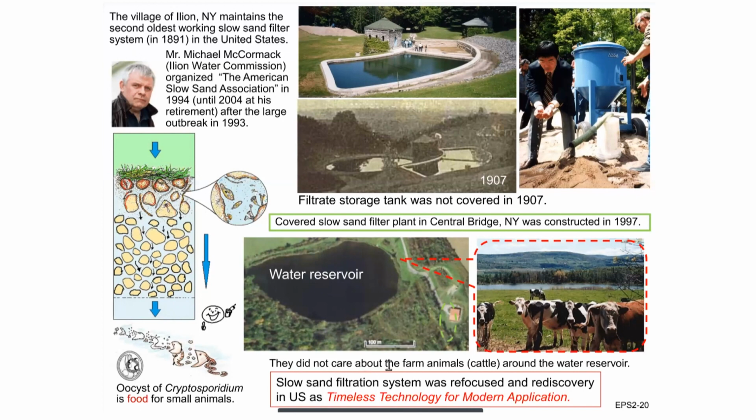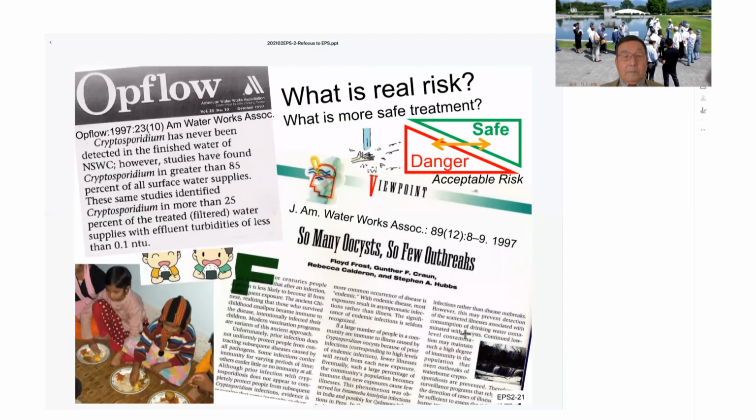They did not care about the farm animals, the cattle around the water reservoir. Slow sand filtration was the focus and the rediscovery in the United States as a timeless technology for modern application.